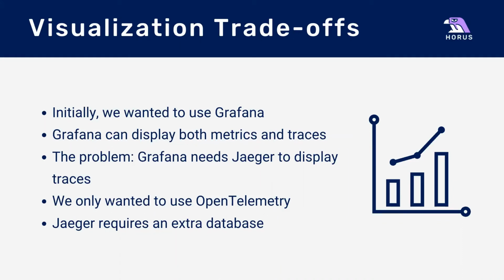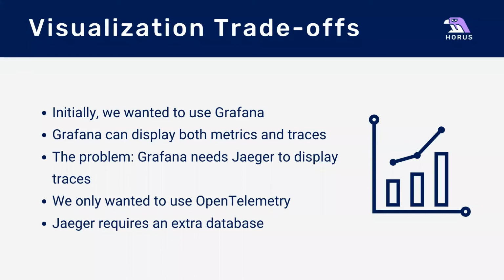When we discovered this, we decided to go with Jaeger. But there were two problems with it. The first one is that it uses its own instrumentation to emit tracing data. This means that we'd need to instrument the microservices with both OpenTelemetry and Jaeger.